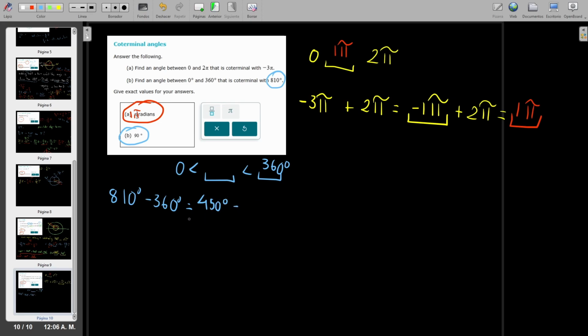We compare, right? It's bigger, so we need to be subtracting again. We subtract, and it's going to give us the value of 90. Is this number 90 bigger or smaller than this one? It stays in the range that we need, so it's going to be the answer, 90.